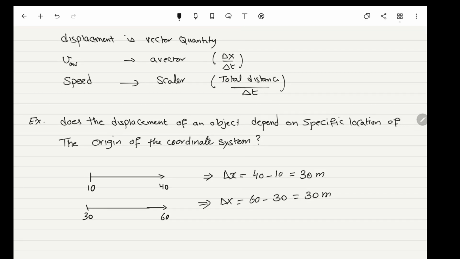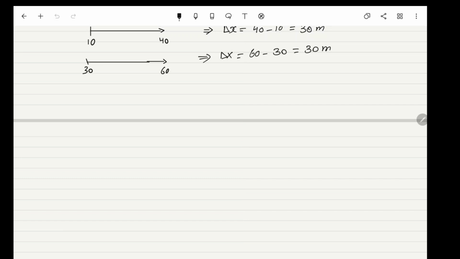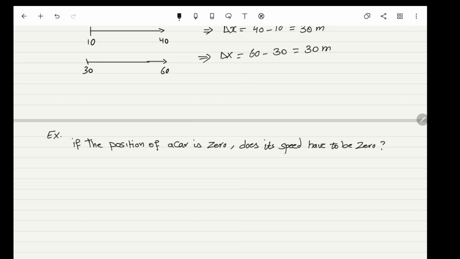As you can see here, the origin doesn't matter. Another case here, if the position of a car is 0, does its speed have to be 0? No, speed doesn't depend on position, it depends on the change in position. And since we know that the displacement doesn't depend on the origin of the coordinate system, an object can easily start from, for instance, x equal to -3 and be moving by the time it gets to x equal to 0.